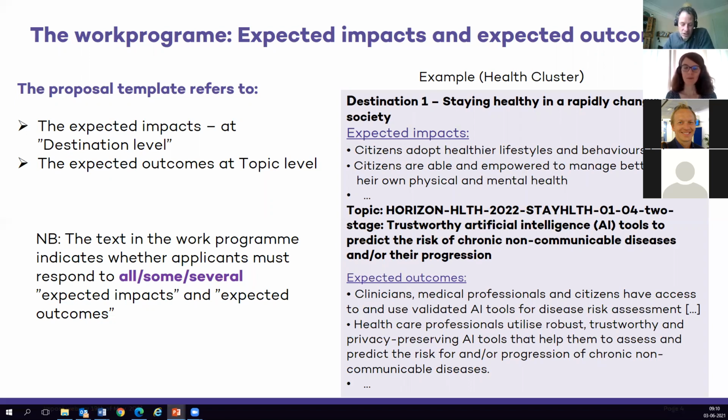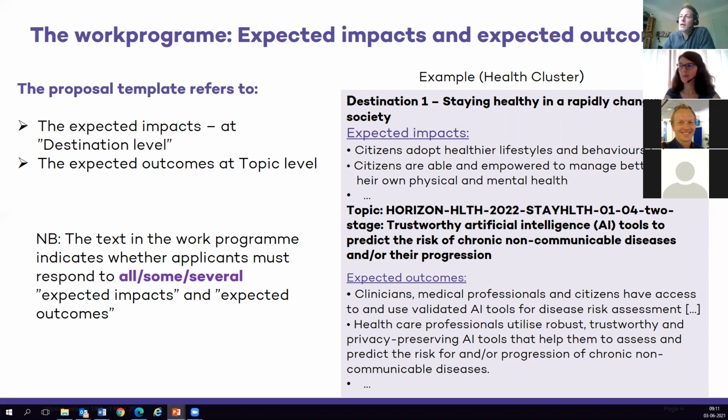A destination refers to specific political strategies or goals. Could be large-scale transformation of EU societies, such as transformations to our health systems or transportation systems, or the way in which we produce energy. Each destination, each chapter of the work program, has a number of expected impacts listed in it. And each chapter contains a number of topics. Each one of these topics must also deliver on the expected impacts defined at the chapter level, at the destination level.